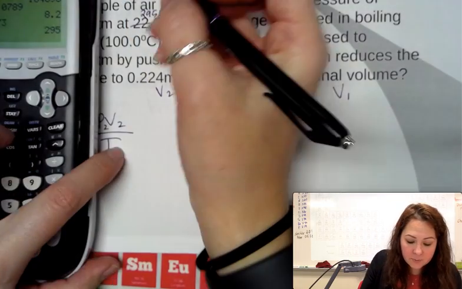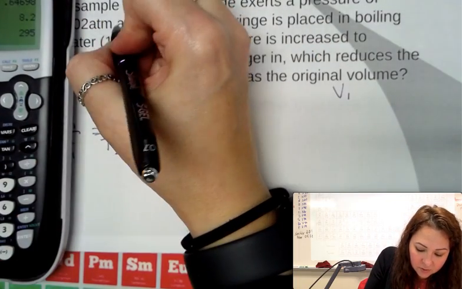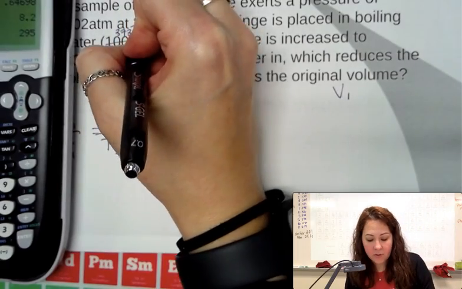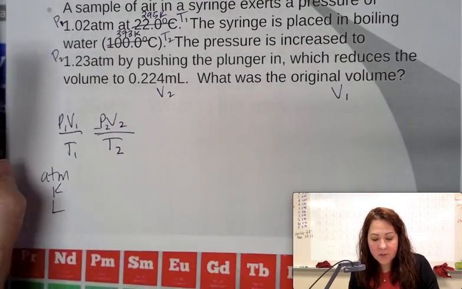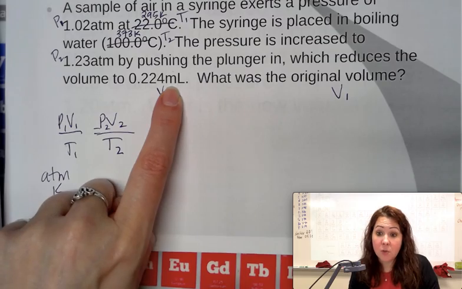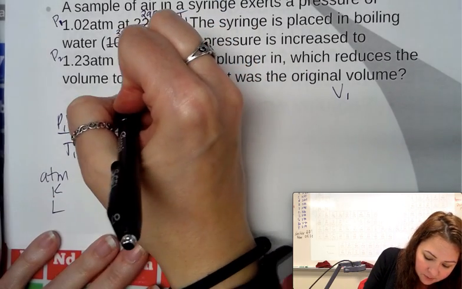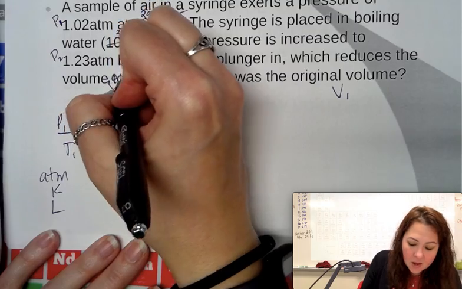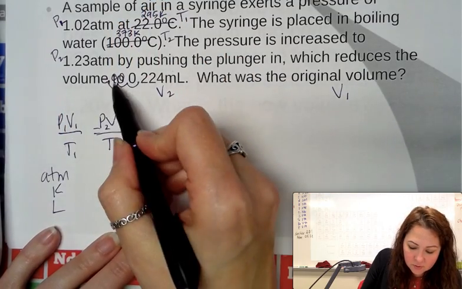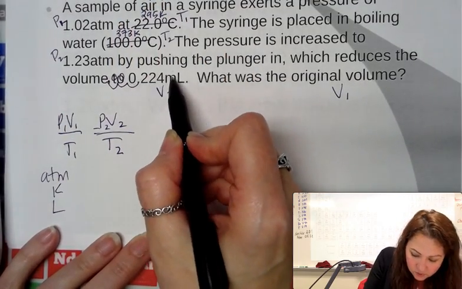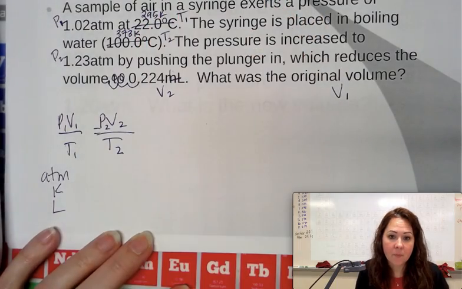The 100 plus 273 is 373 Kelvin. Don't need a calculator for that one. And this one is milliliters. That has to go to liters. So I'm going to divide by 1,000. 1, 2, 3 times, I'm going to move my decimal place. So you get 0.000224 liters when you do that conversion.